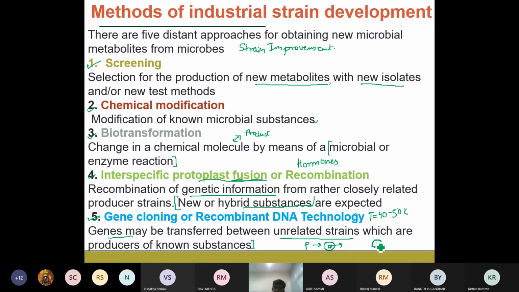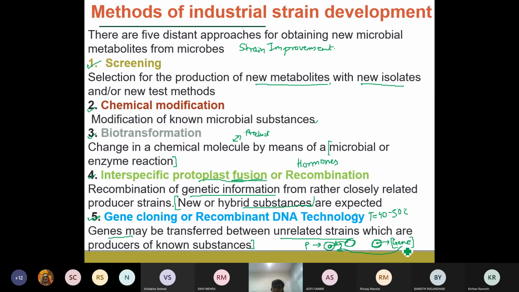So what we do is we take out their targeted gene, and we find it from the gene sequence. We do the genome sequencing of those bacteria which can grow at high temperature in natural conditions, and we take out that particular gene of interest and insert it into a plasmid, and then we genetically modify your targeted microorganism.